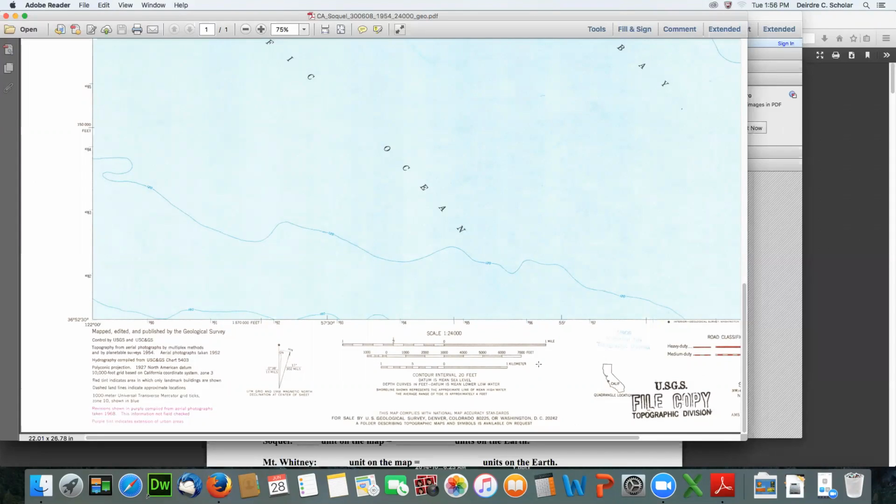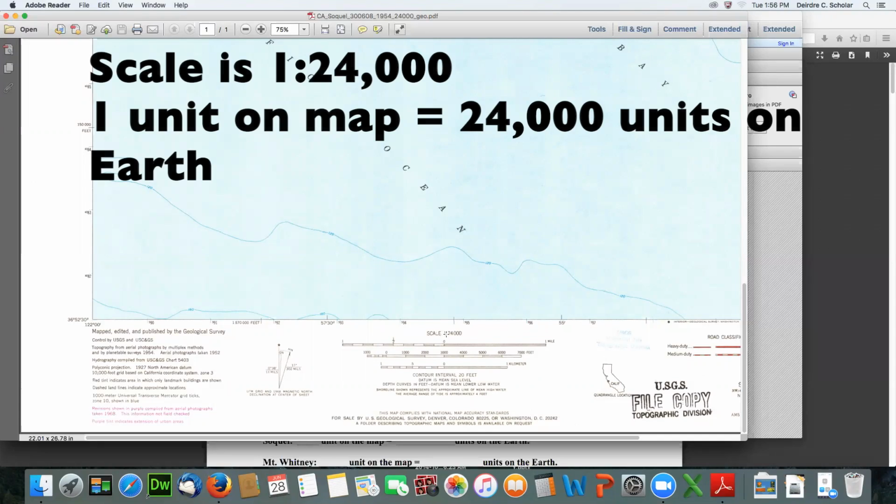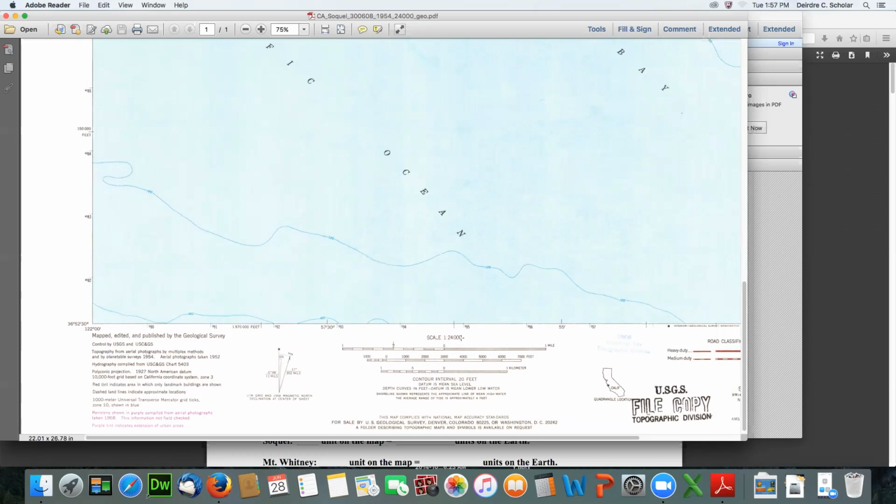Now, the next question asks, what is the relationship between the real Earth and distances shown on the map? And for this, we want you to use that fractional scale. So we could look at the SoCal quadrangle where we see a fractional scale of 1 to 24,000, which tells us that every one unit that we measure on the map is going to equate to 24,000 of those same units on the Earth's surface.